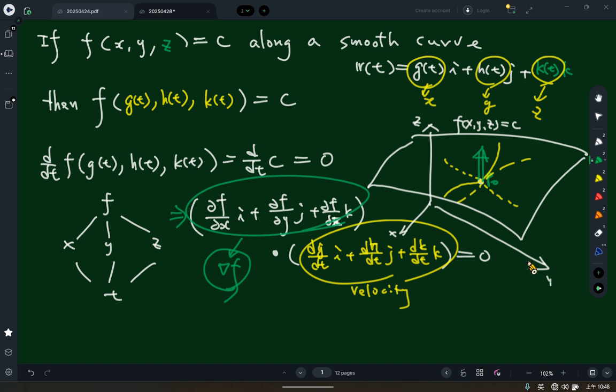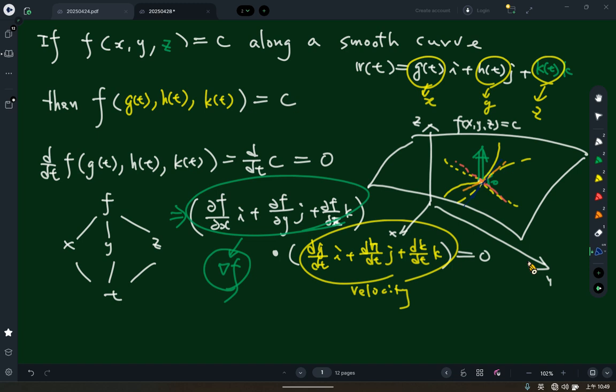So if passing P0, its tangent, its velocity, following this one, is this direction. If following this solid line, its velocity is this one. Then if following this one, it will be this one.